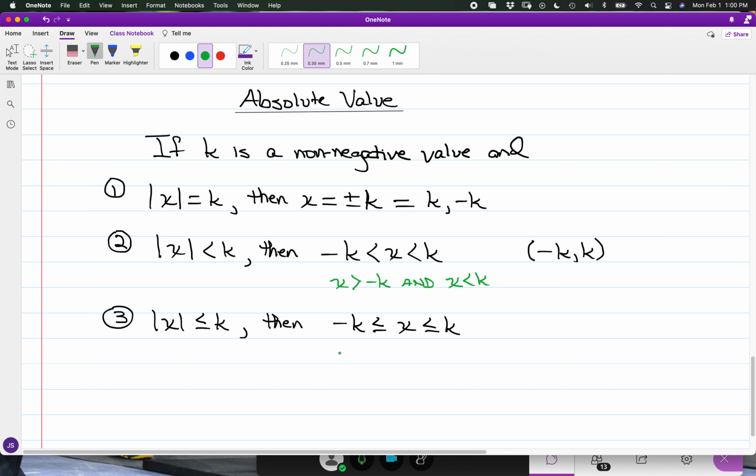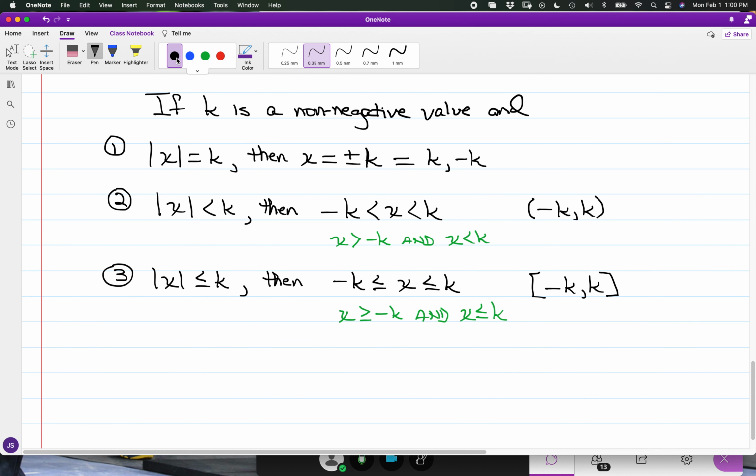And again, this is like translating x is greater than or equal to -k and x is less than or equal to k. And in interval notation, you have brackets around negative and positive k.